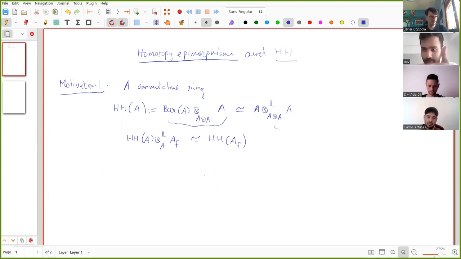And in a sense, what you're using is that localization commutes with tensor products. Okay, and this is used to show what is called Zariski descent for schemes. And this statement is just that Hochschild homology satisfies Zariski descent.